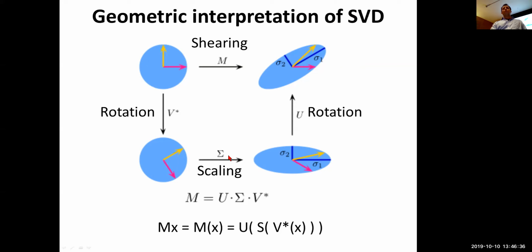And all of those are matrix operations. A scaling is a matrix operation with a diagonal matrix. A rotation is a scaling operation with no effect on the magnitude of those vectors.